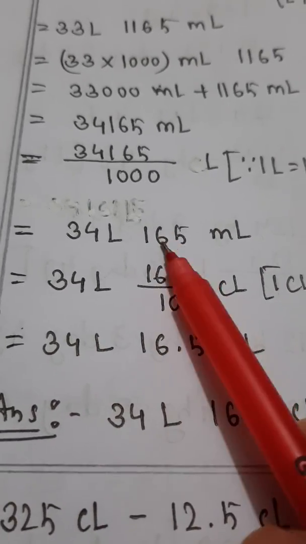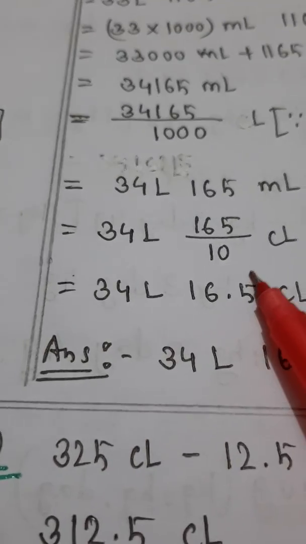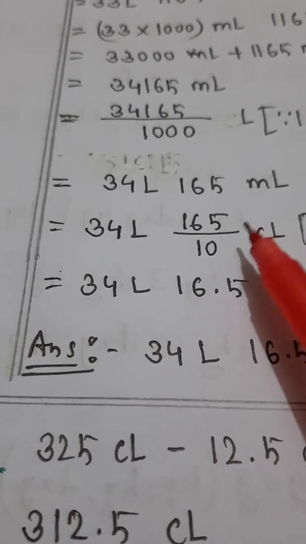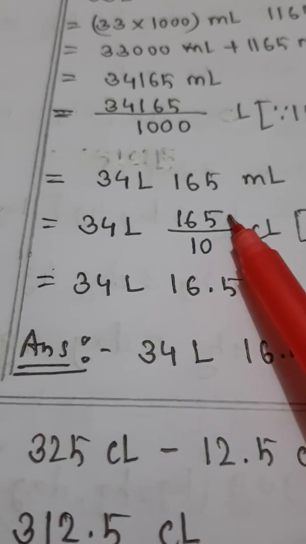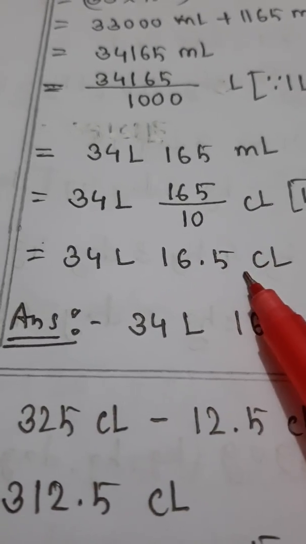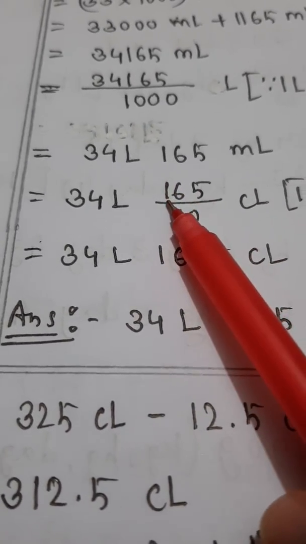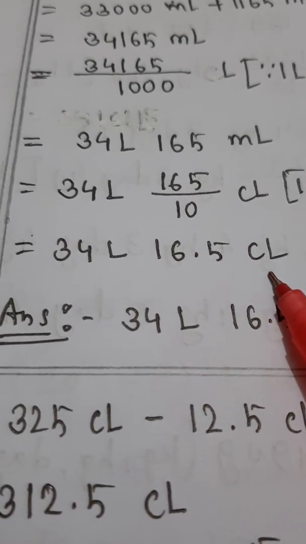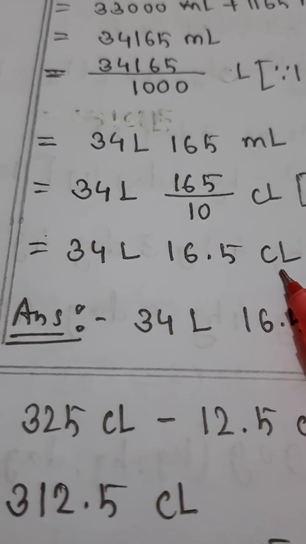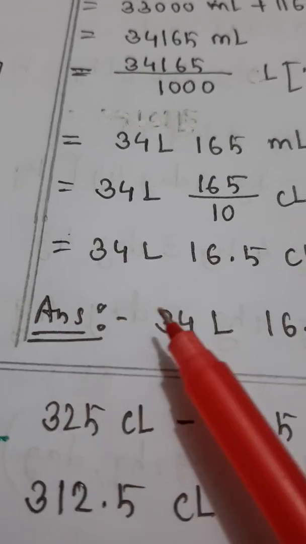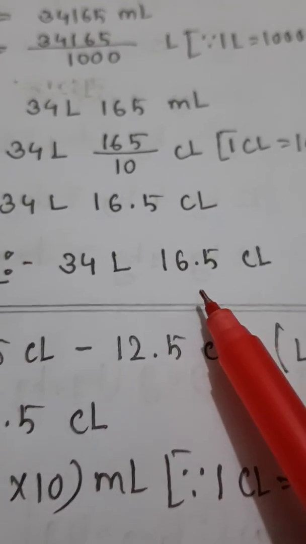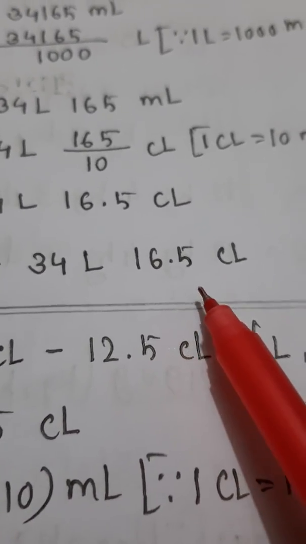We express 165 milliliter into centiliter, so we divide 165 by 10, we get 16.5 centiliter. The final answer is 34 liter 16.5 centiliter.